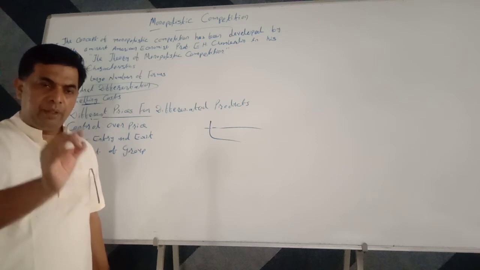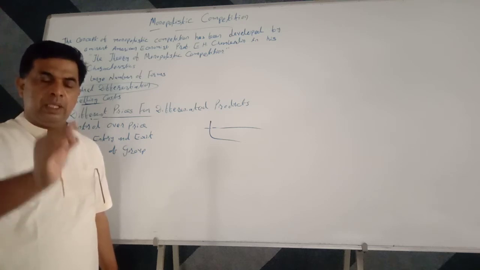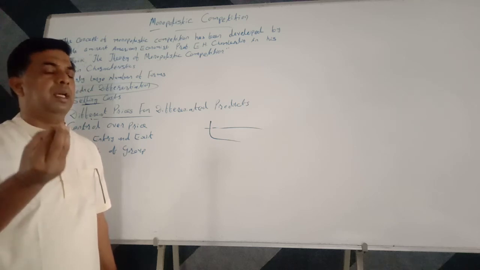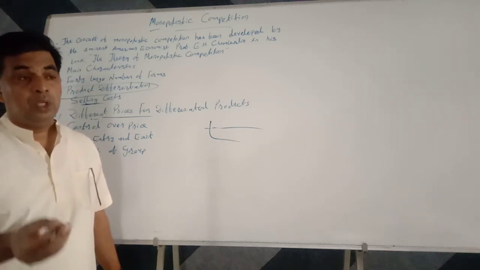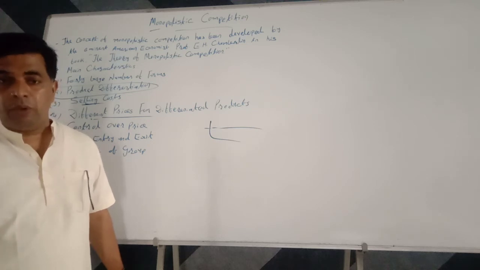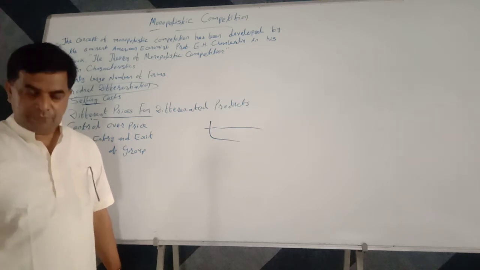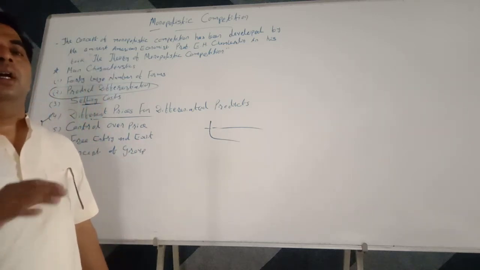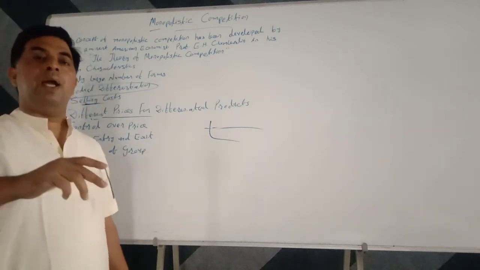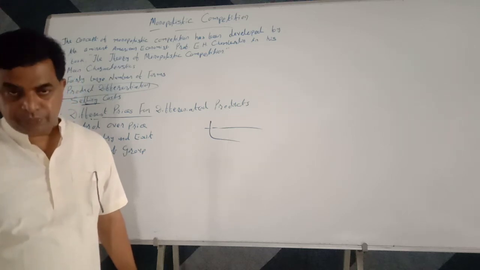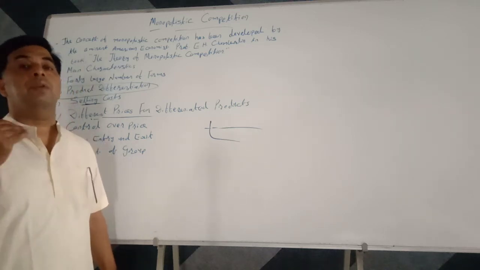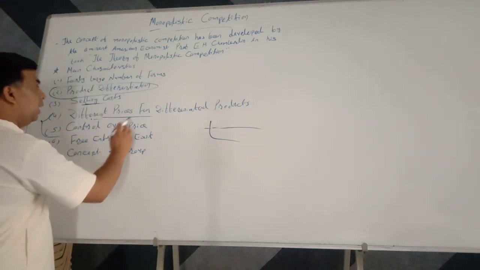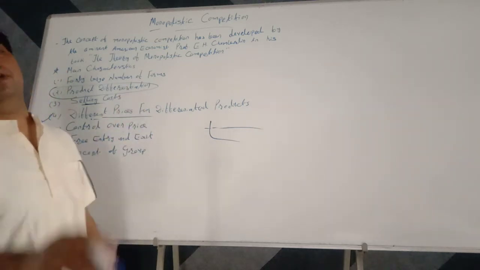When Apple fixes the price of a particular iPhone model, तो एमआई और वीवो का कंसिडरेशन में नहीं लेती. ओके, बिकॉज द कंपनी हैज won the reputation that her product is quite different from the products of the rival firm. The company has won the reputation that we are selling the better quality of product. So there is some amount of control and there is differentiated price for differentiated product.